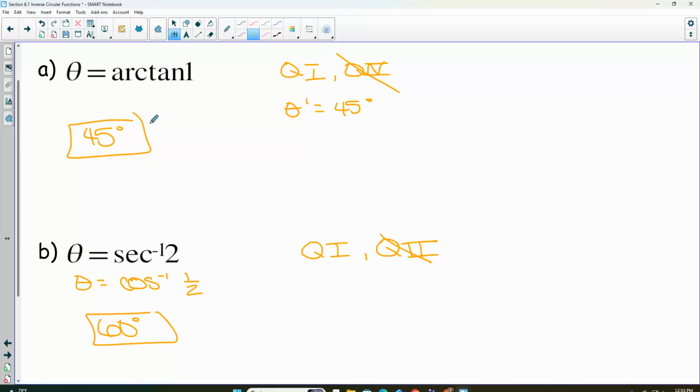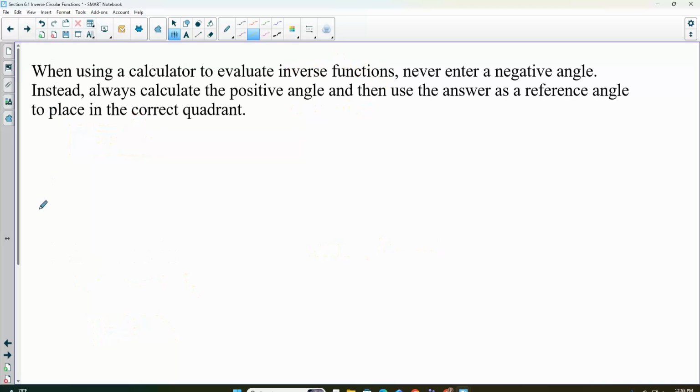I want to talk about your calculator. I do not want you to type in the negative angles. I want you to get a reference angle and put it in the correct quadrant. Here's why. If you type in a negative angle, you will get the right answer 2 out of 3 times. The problem is with cotangent. Do we have a cotangent button on the calculator?